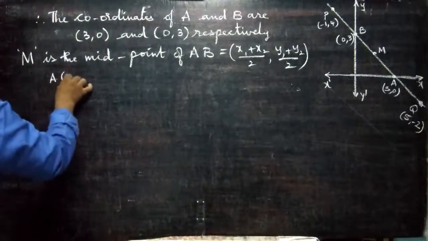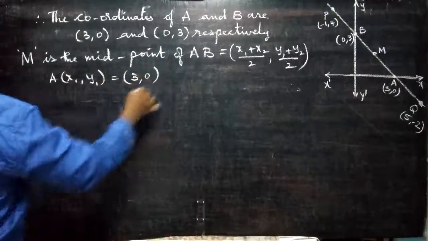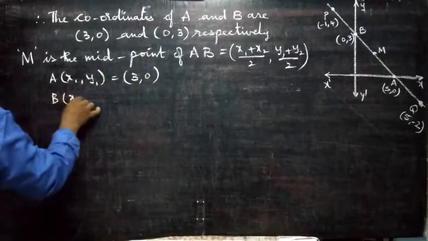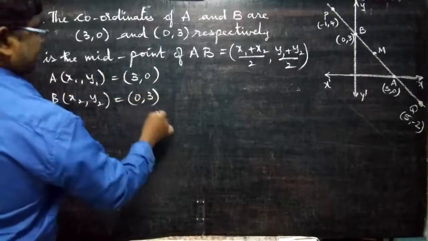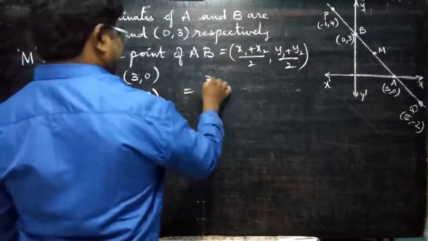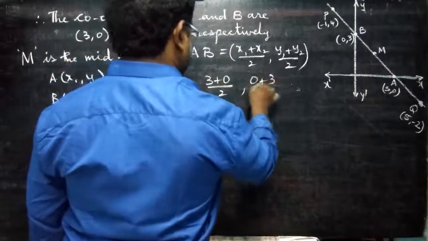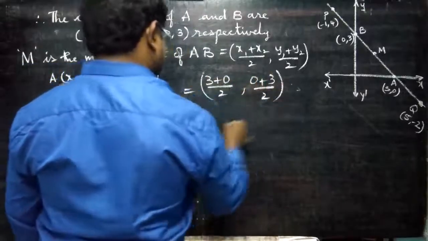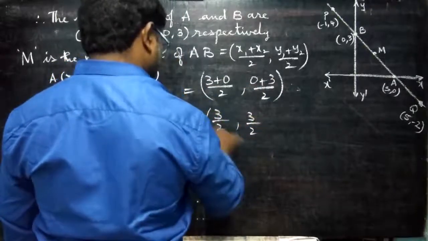A is (x1, y1). What are the coordinates? (3, 0). B is (x2, y2). What are the coordinates? (0, 3). So that is equal to (3 plus 0) by 2 comma (0 plus 3) by 2. So what is the answer, miss? 3 by 2 comma 3 by 2.